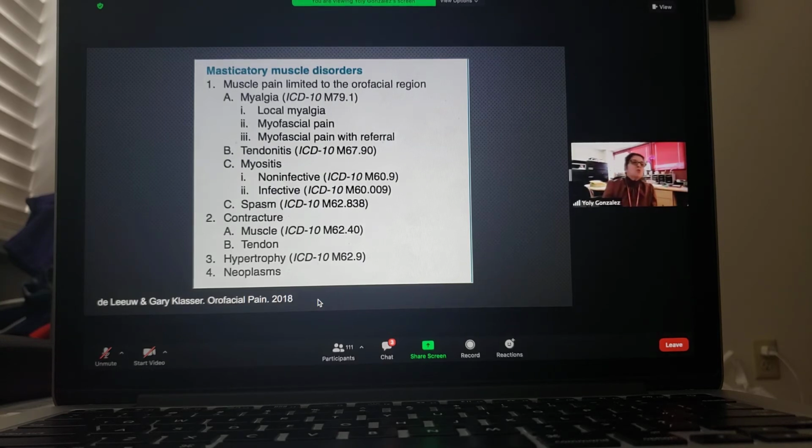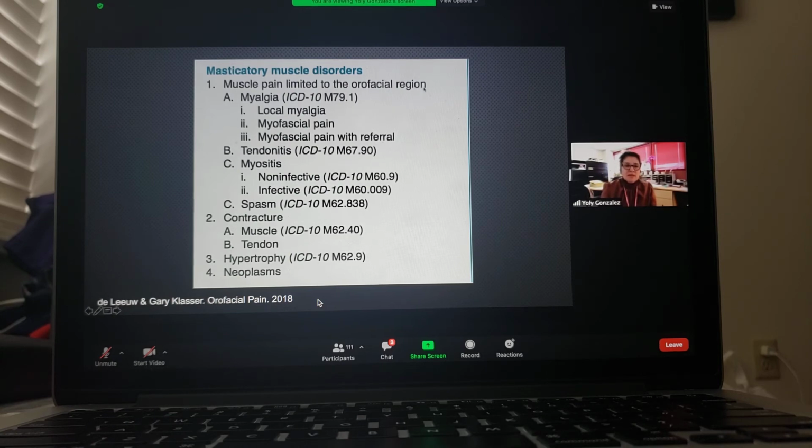But if you go to your book, and don't forget you have to read the book, we are right now in chapter 8, the diagnosis part. There are other conditions that are mentioned that we have to be aware of, and just because we don't have sensitivity and specificity, we are not going to ignore them or pretend they don't exist, right? It's hard to do studies, to do clinical validation.